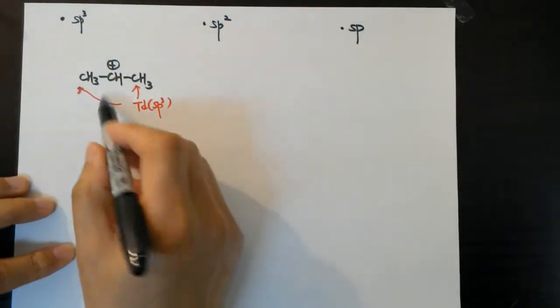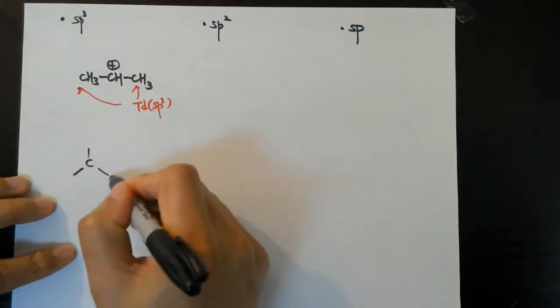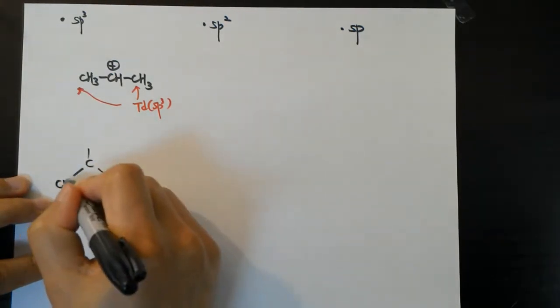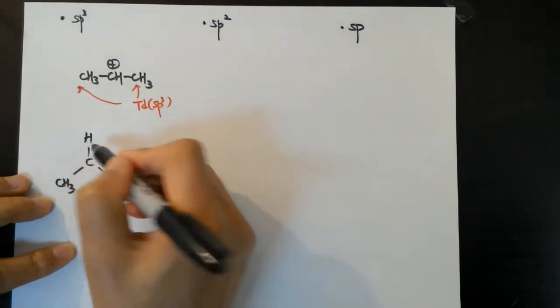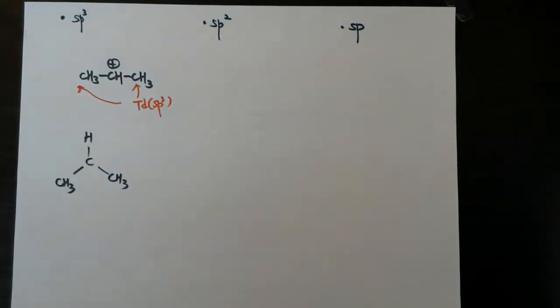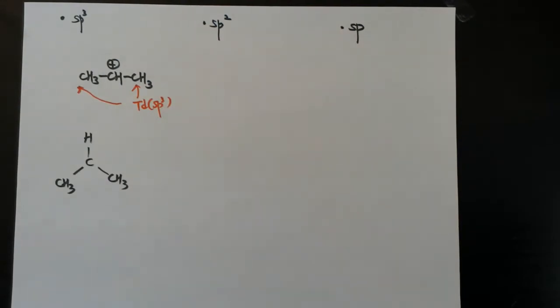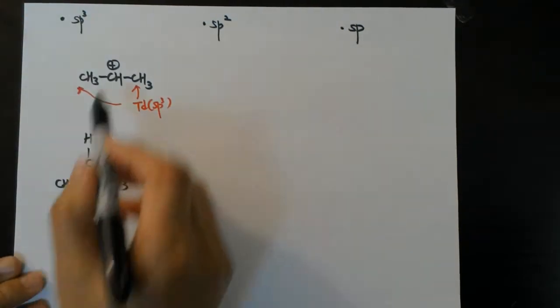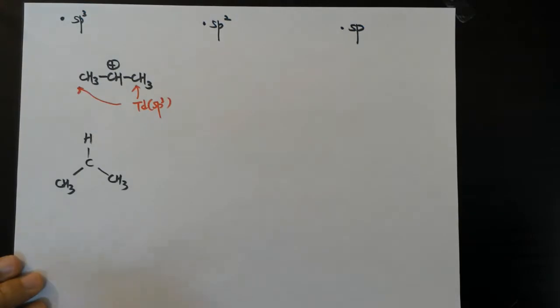So the carbon has 3 bonds. 3 automatically means I have a trigonal planar structure. And the carbon is positive. What does that mean? It has only 3 electrons, not 4.